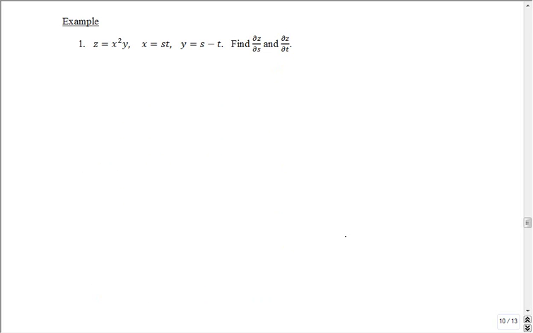Okay, so here we have z, a function of x and y, and x, a function of s and t. We need to find partial z with respect to s, partial z with respect to t. So let's draw our diagram on the right. So z, function of x and y, x, function of s and t. Same thing for y.